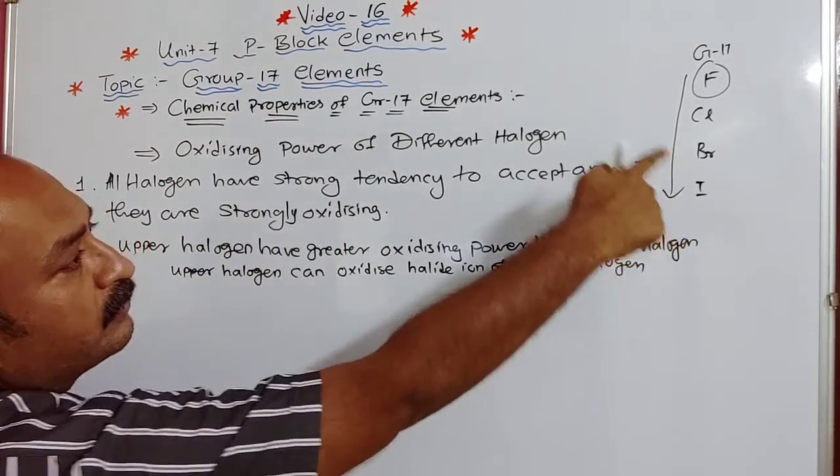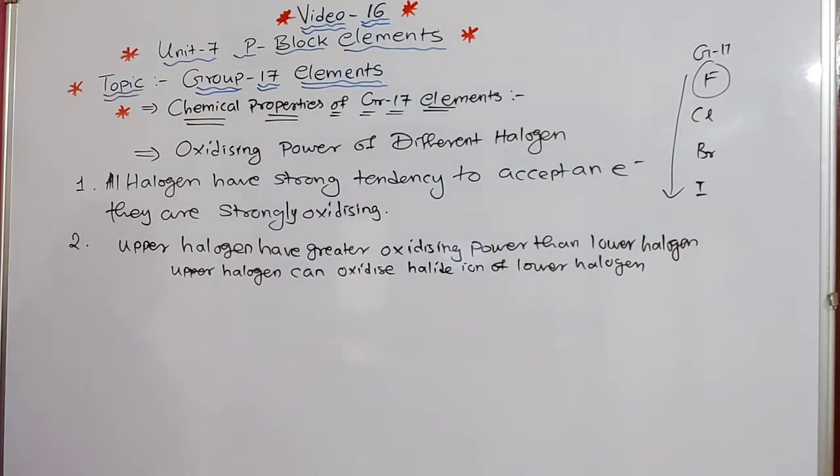Clear? Lower halogen means all those we are talking about. Right? What is the line given in your textbook? The upper halogen can oxidize the halide ion of the lower halogen. Now what is the meaning?